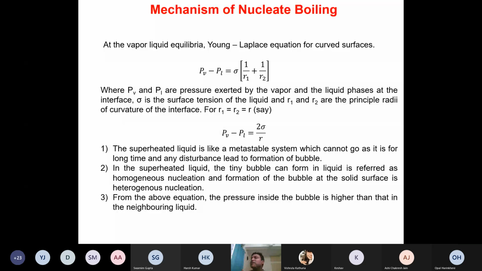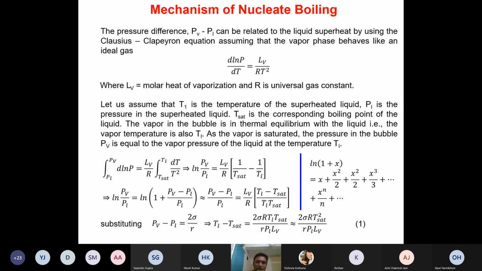Homogeneous nucleation is when bubble formation takes place in the liquid itself. And whenever the bubble formation takes place on the surface of the solid, it is called heterogeneous nucleation. Now, in order to understand this, we started with the Clausius-Clapeyron equation. This is the standard Clausius-Clapeyron equation, which you might have studied in your thermodynamics, isn't it?